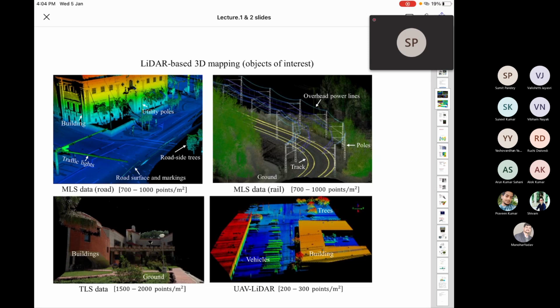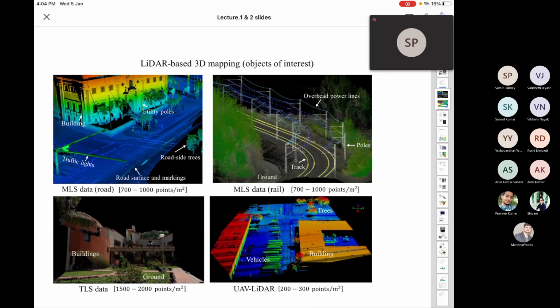The color is assigned to the point on the basis of its height. Okay, so you see that the lowest point is blue color, and the highest point is red color. So on the basis of height, the colors are assigned, and you can clearly identify the structure of various objects.